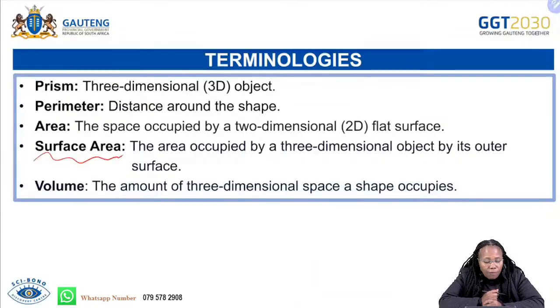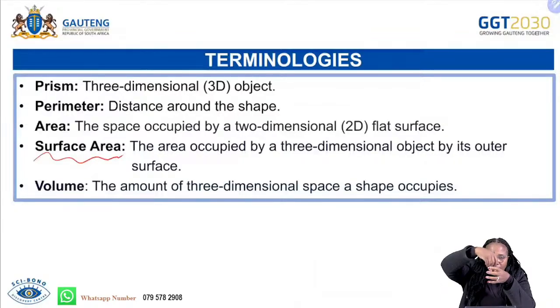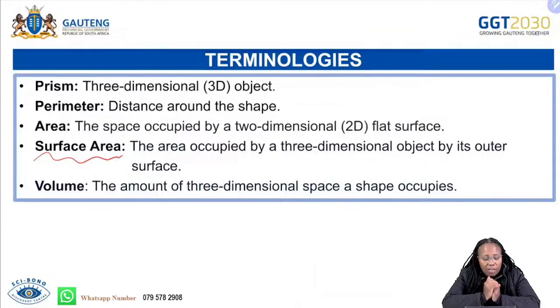And then the volume is the amount of 3-dimensional space a shape occupies. That means when we talk volume, we take the inner capacity of a container. That is the volume of the container, the amount. It must be the 3-dimensional space that that particular shape occupies.